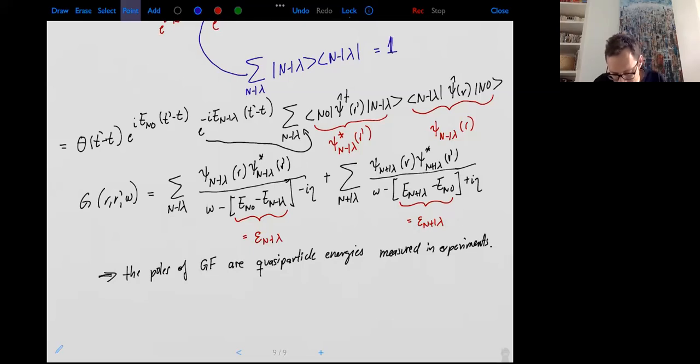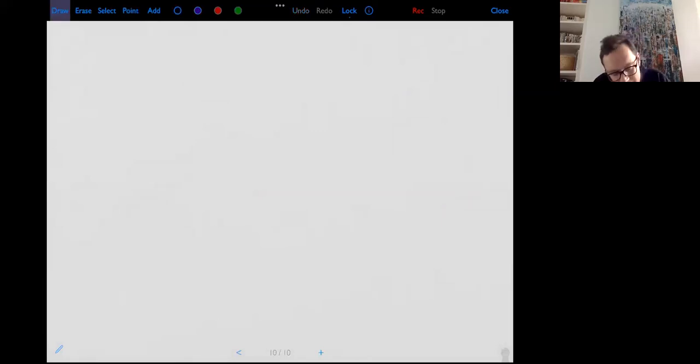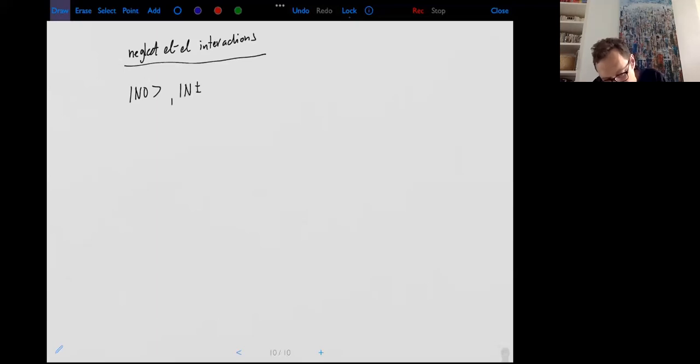Okay, so how do we get more useful expressions for the Green's function? The first thing that we could think of doing is to neglect electron-electron interactions. Of course, if there are no electron-electron interactions, it's trivial because there's no many-body problem. But it's still instructive to see what happens to the Green's function. Now, without electron-electron interactions, the states n0 and n plus minus 1 lambda are single Slater determinants.